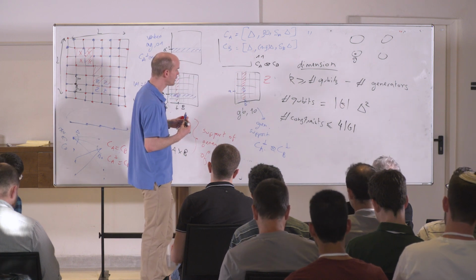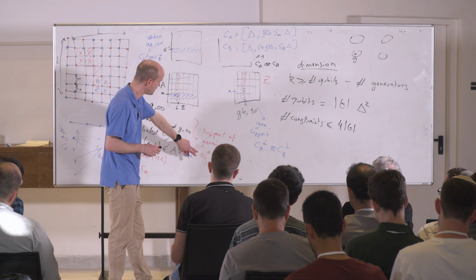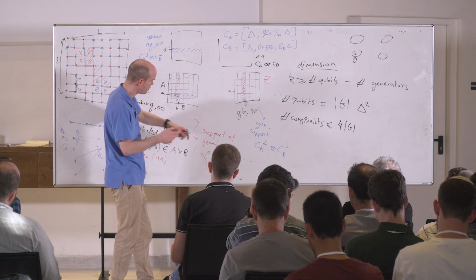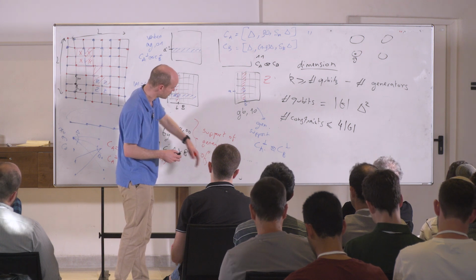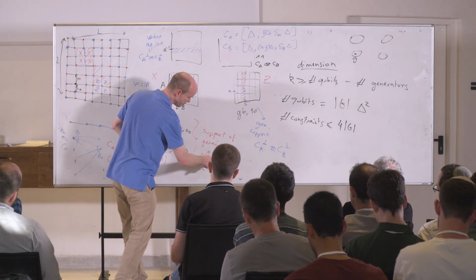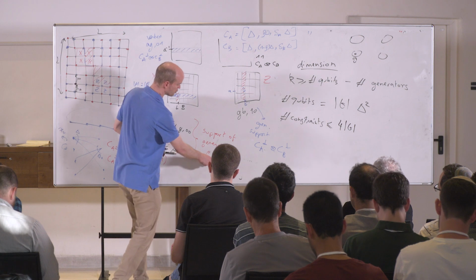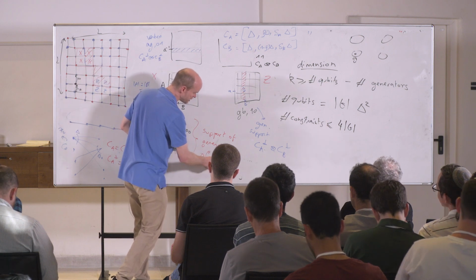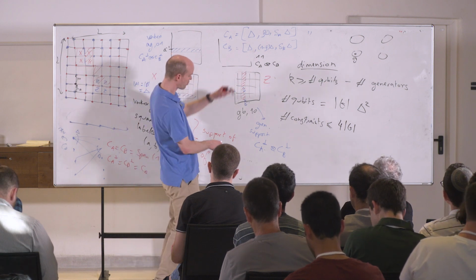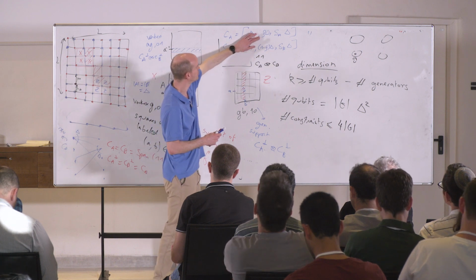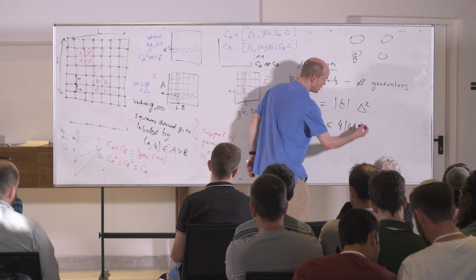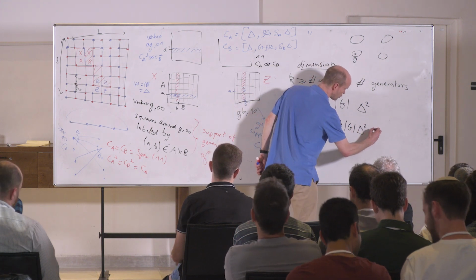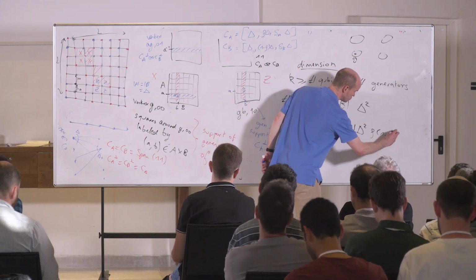And for every vertex, I need the number of independent generators. They correspond to a basis of CA times CB. What is the dimension of this? The dimension of a product code is just the product of the dimensions. So it will be delta squared rho (1 minus rho).